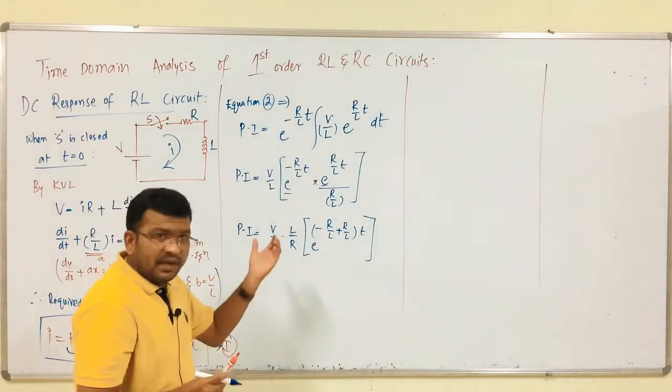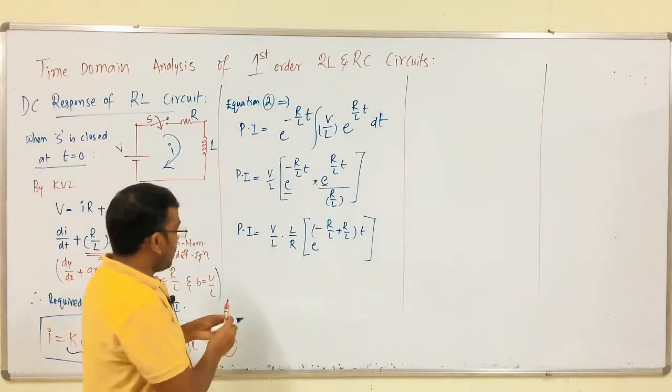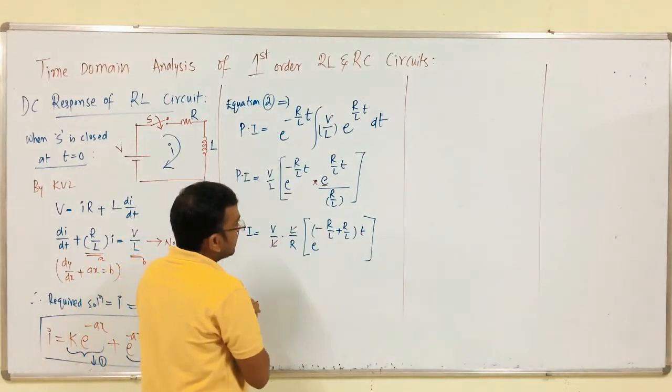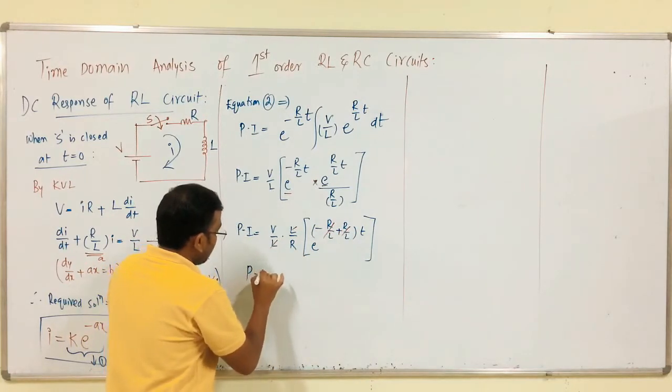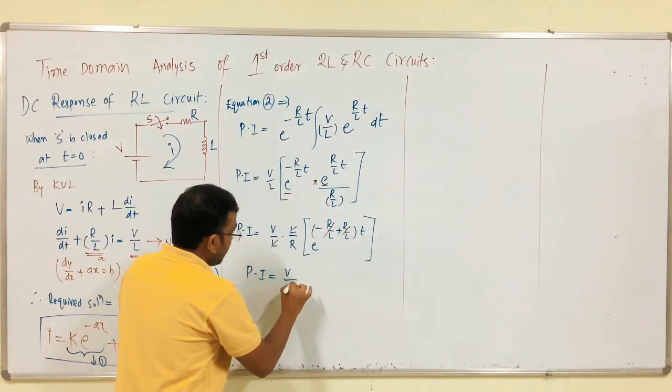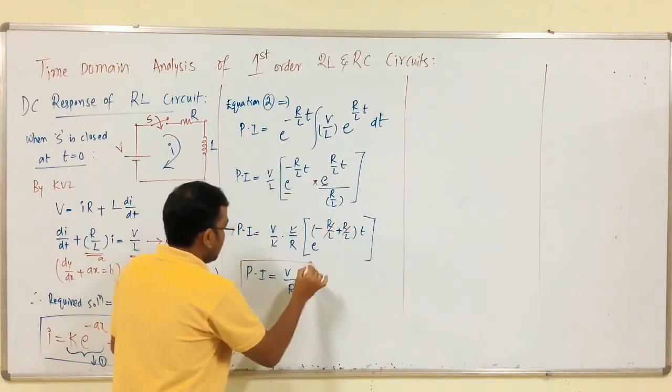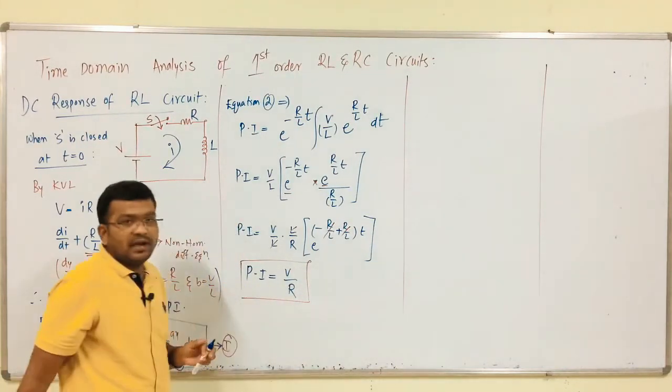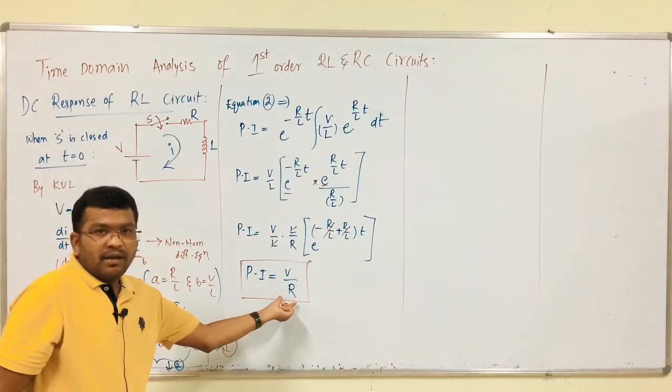Simple integration. From this, L cancels, and these two cancel. So we got the particular integral equals V by R. The particular integral is simply V by R.